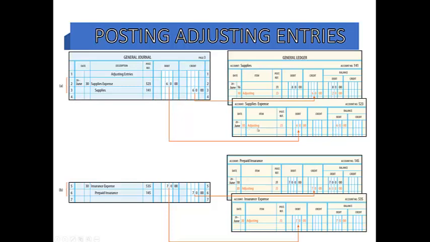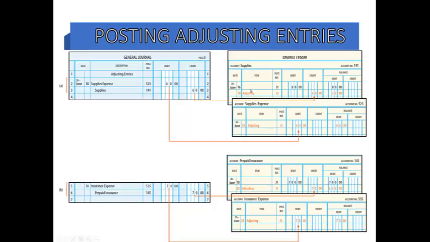Notice, since this is a special type of entry, under item we're going to list adjusting. For supplies, supplies gets a credit of 60. So we will find the supplies asset account, credit it for 60, and notice once we make that credit, the balance goes down to 20, and that was the actual amount that was supposed to be on hand in the business.